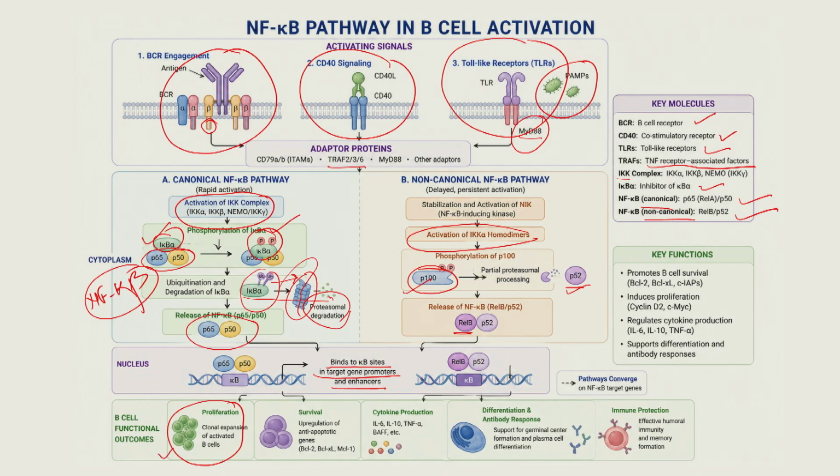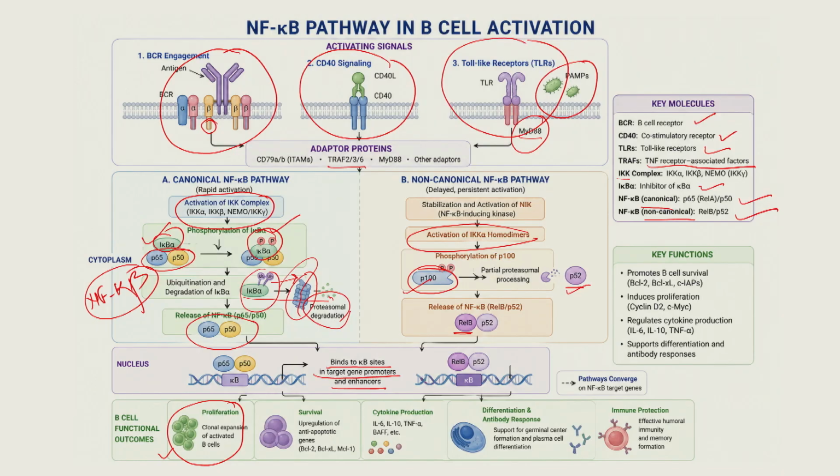So we need to understand how it can cause B cell proliferation, how it will allow the B cell to stay a little longer as a plasma cell, and how the memory cell response will be enhanced because of the canonical and non-canonical pathways. And when I say that it will allow the cell to survive a little longer, we need to understand that there could be an upregulation of anti-apoptotic genes which will not allow the cell to die.